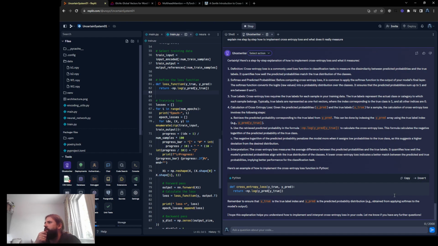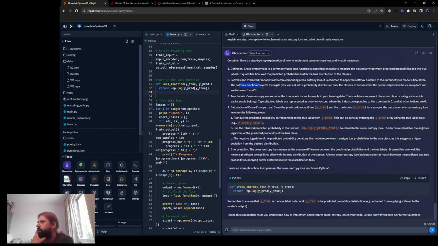Cross entropy loss is a commonly used loss function in classification tasks to measure the dissimilarity between predicted probabilities and the true labels. It quantifies how well the predicted probabilities match the true distribution of the classes. Softmax and predicted probabilities: before computing cross entropy loss, it is common to apply the softmax function to the output of your model's final layer.